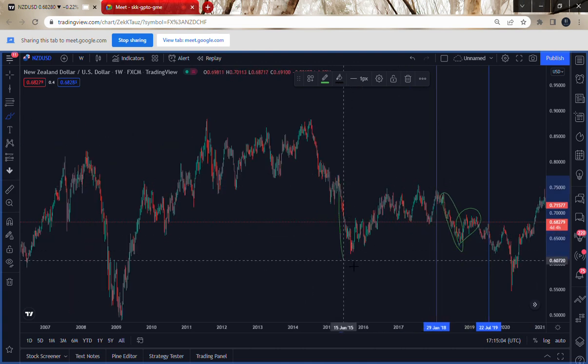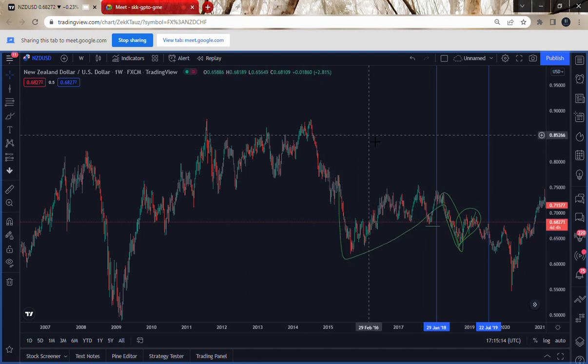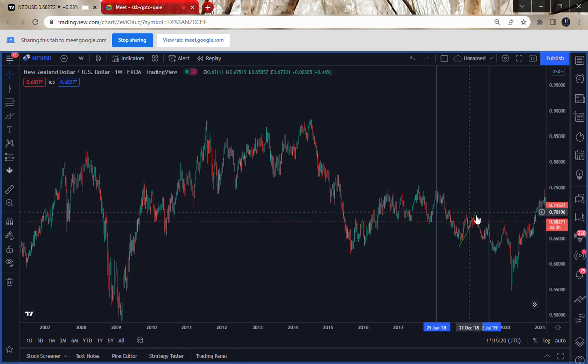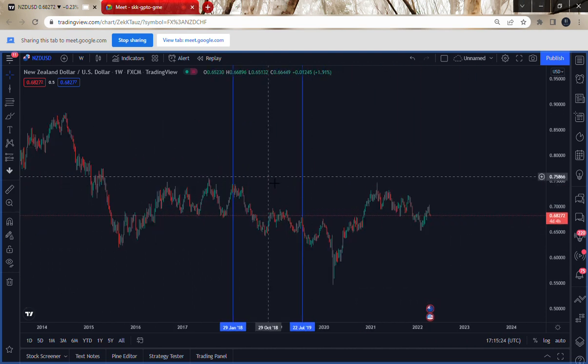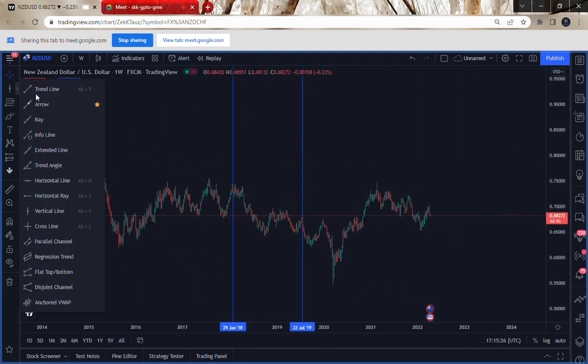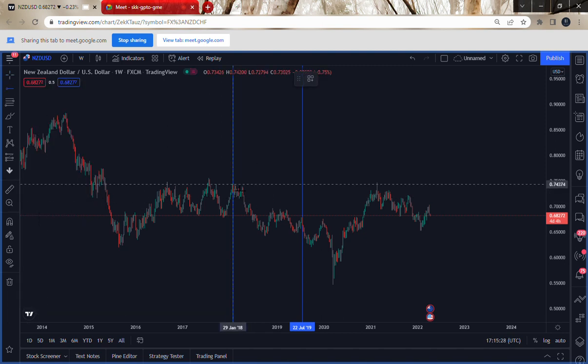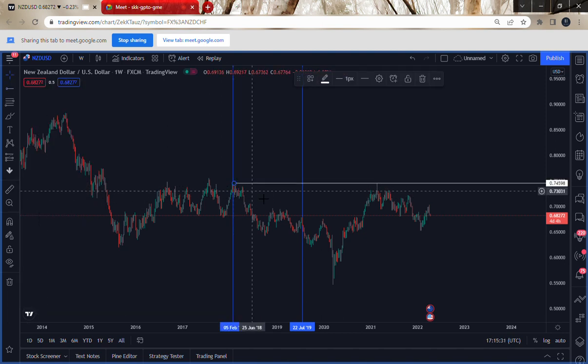Because you can see we have this impulse, we have this correction, we have the impulse which broke out, and then now we have that correction. So for all your charts, everything that you do, I always say, guys, multi-time frame analysis is power. Now if I can just come here, I highlight this was my highest high at this point of time.